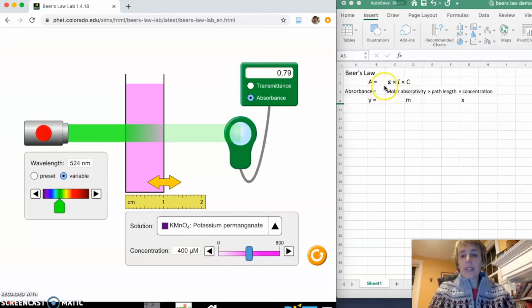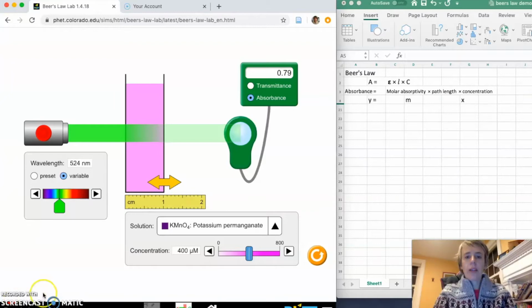So the last variable in here is molar absorptivity, and that's oftentimes what we need to figure out before we can really use Beer's law. If we know that the path length is 1 centimeter, then we can treat Beer's law as a linear equation, where absorbance is the y variable, concentration is the x variable, path length just drops out since it's 1, and the molar absorptivity can be the slope if we get the right data.